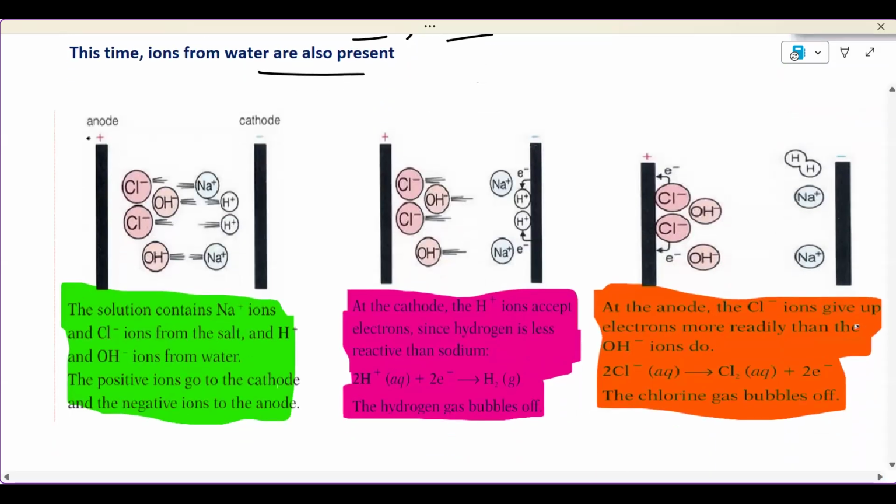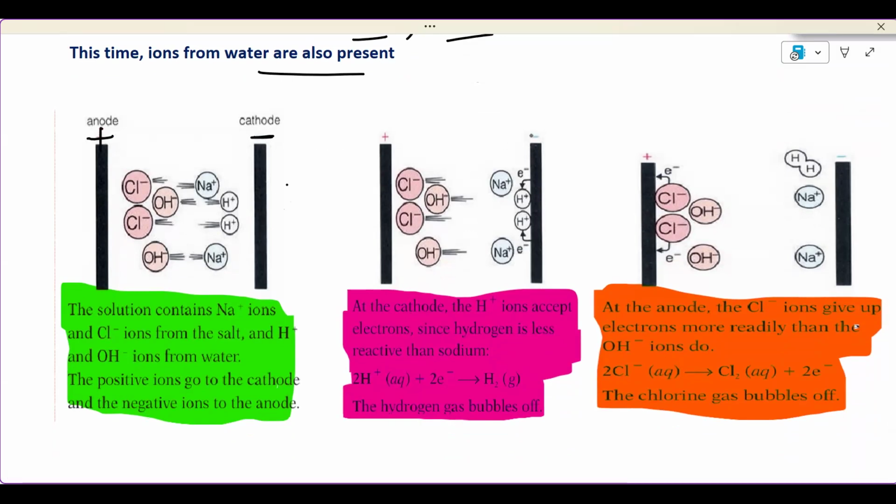Look here at the anode. This solution contains sodium ions and chloride ions from the salt NaCl, and hydrogen ions and hydroxide ions from water. Positive ions go to the cathode and the negative ions to the anode.